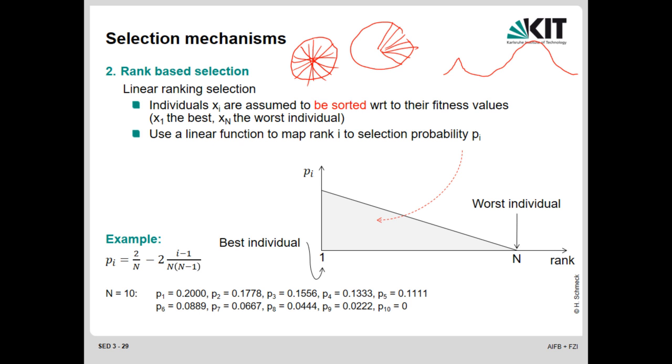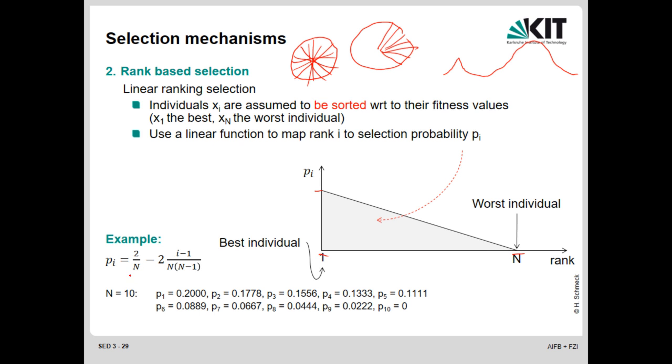And so an alternative where you have a selection which prefers those which are better than others, but not too much, is to have rank-based selection. It means that the best individual has the highest probability, the worst individual has probability 0, will never get selected, and all the others get a value in between.